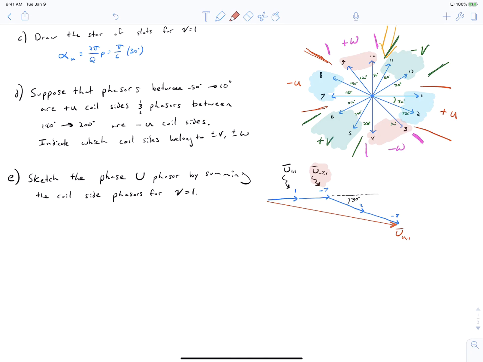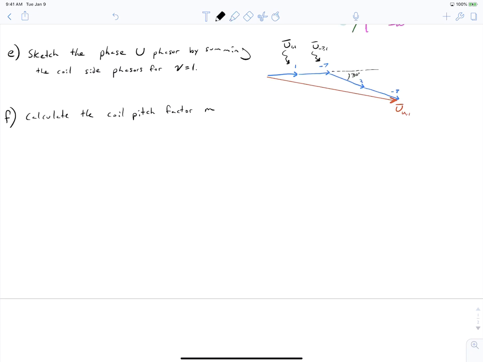So it's been flipped 180 degrees because it belongs to the negative U grouping. And the harmonic V equals 1. Press pause now, give it a try, and press play when you're ready to watch me do it.